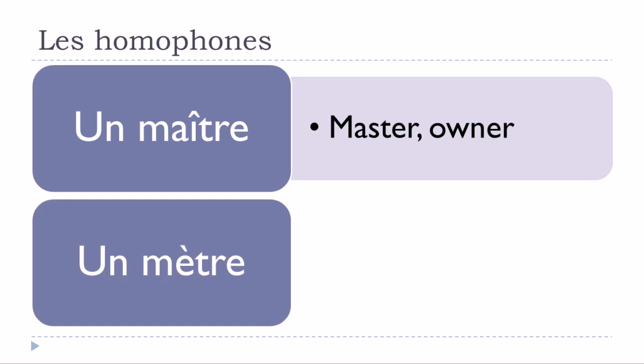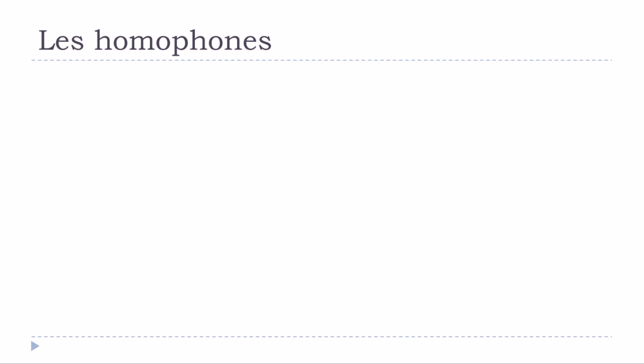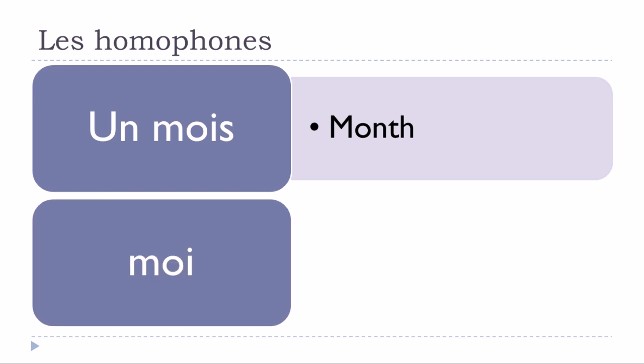Un maître, and then un mètre as well. Okay, so un maître and un mètre, same pronunciation. Un moi, and then moi, me. Okay, so un mois and moi.